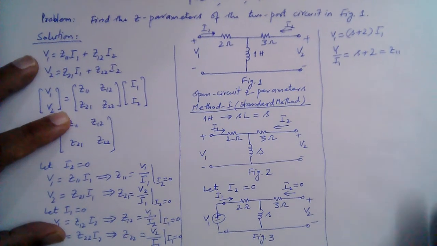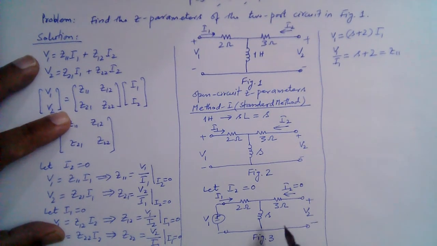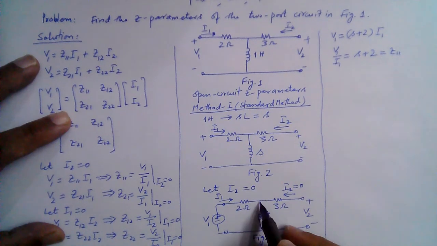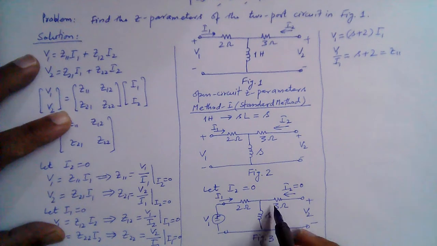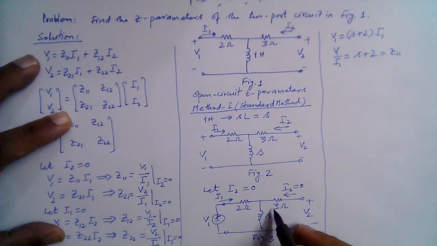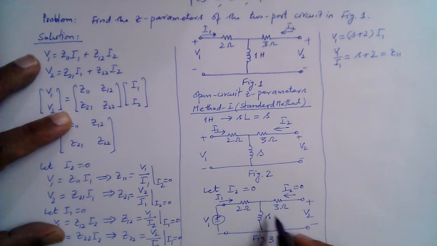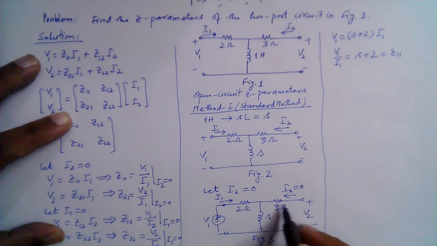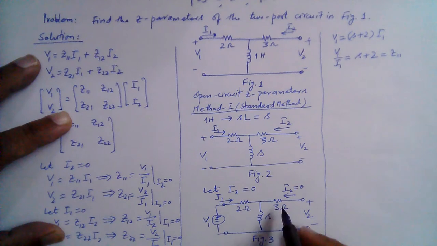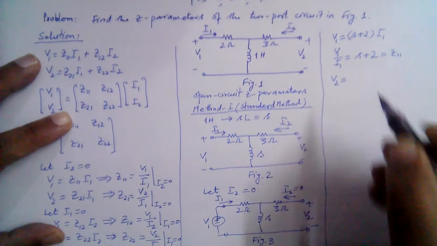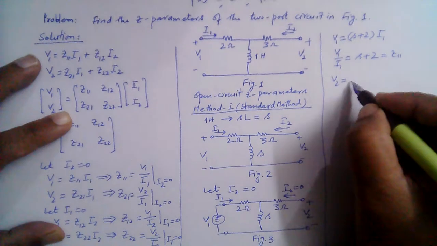Now we can also see that the voltage V2 here is the same as the voltage across this inductor, because there is no current flowing here. If you apply KVL here, the voltage across this inductor is the same as V2, because the voltage drop across the 3 ohm resistor is 0. So V2 is equal to S multiplied by I1.